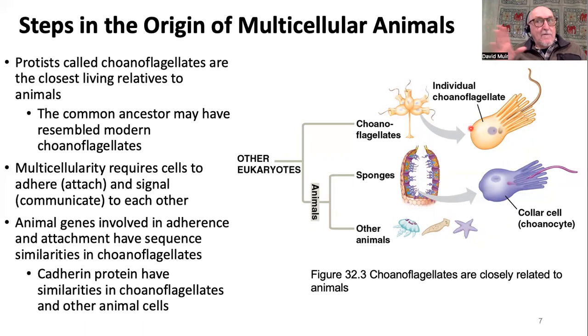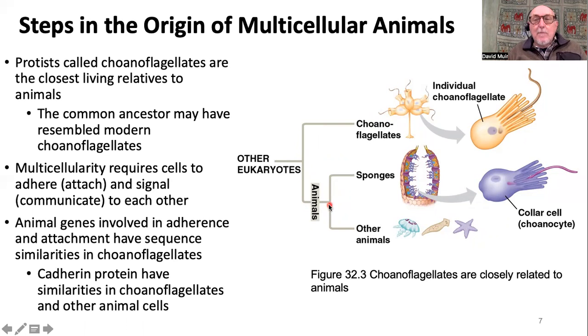And there are a couple of things about them which are really interesting. First of all, they do form colonies, which may be a step towards multicellularity. But they are off on their own, in their own clade, and we would regard them as being a basal group. We share a common ancestry with them from something probably very similar, which led to the animals.